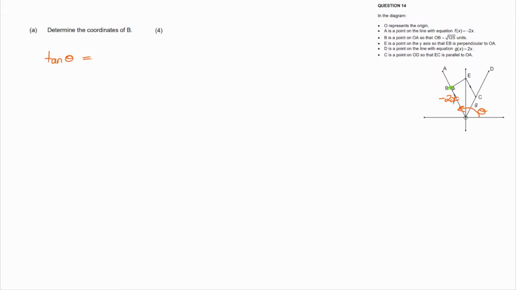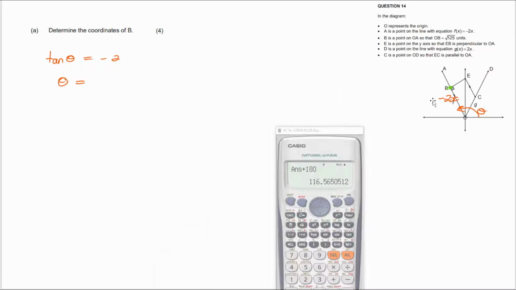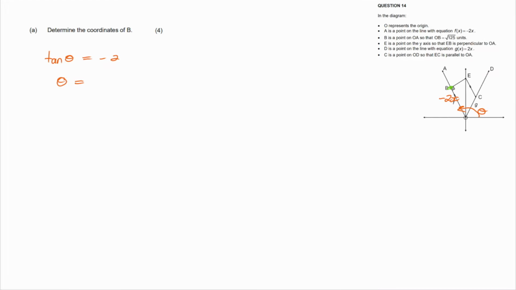So tan theta is equal to -2. Then theta is equal to, on my calculator, shift tan of -2, and if the answer is negative, I just add 180. What was that number? It was 116,6. So theta is equal to 116,6 degrees.